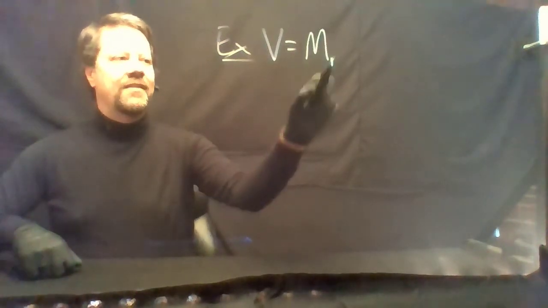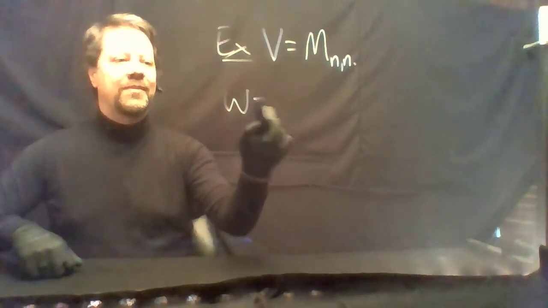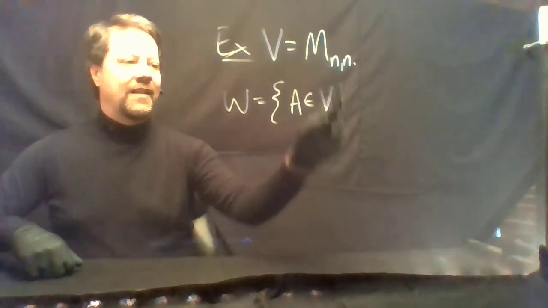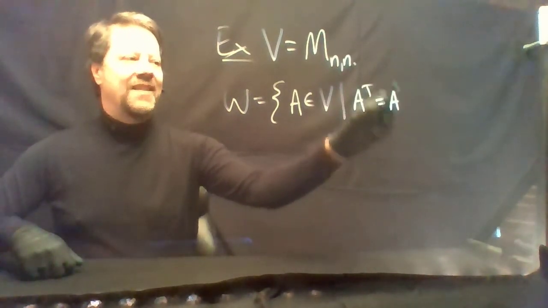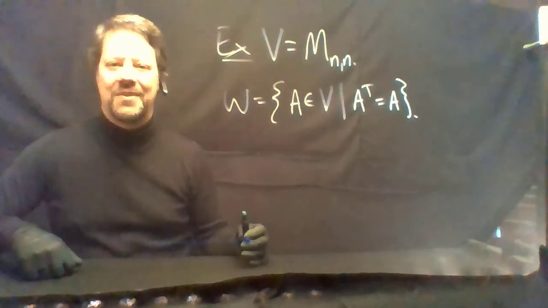In our next example, we're going to set V to be the set of square matrices, and W is the set of all A in V such that A transpose equals A. These are all the square n by n matrices.